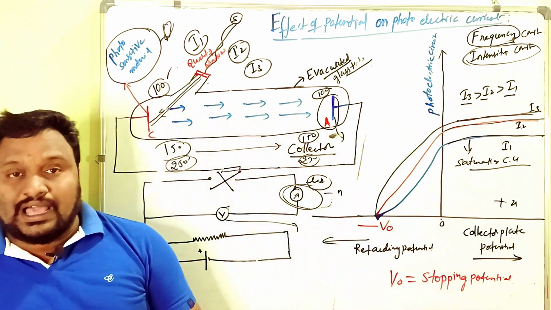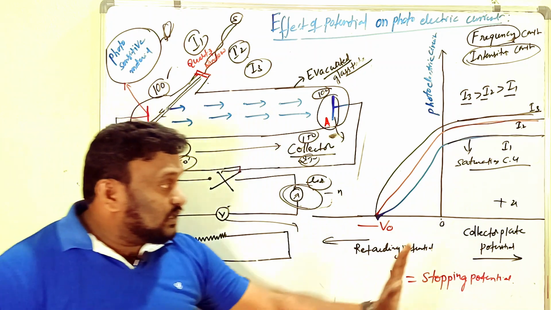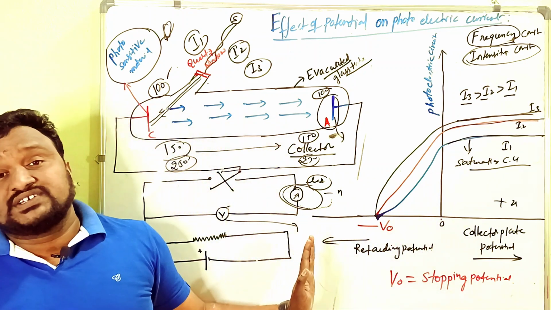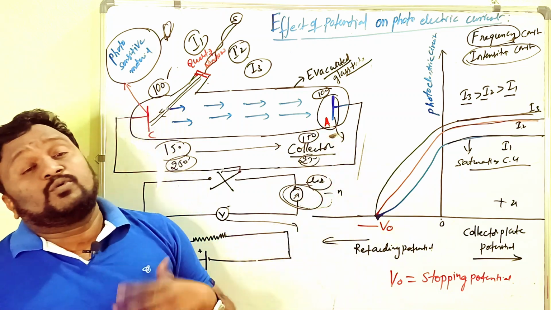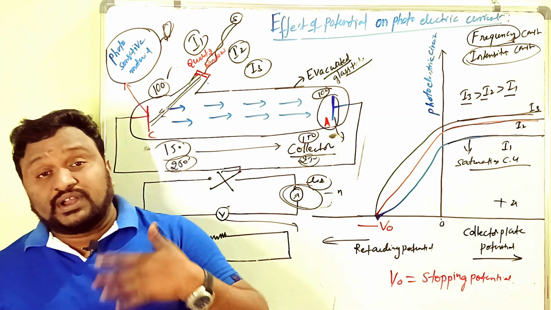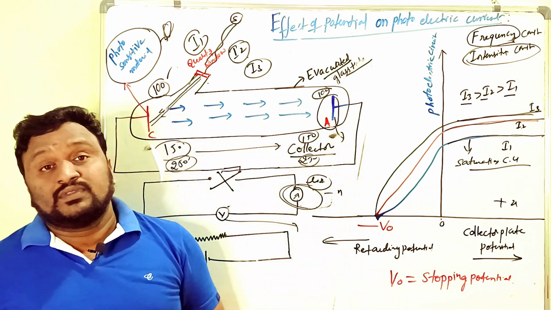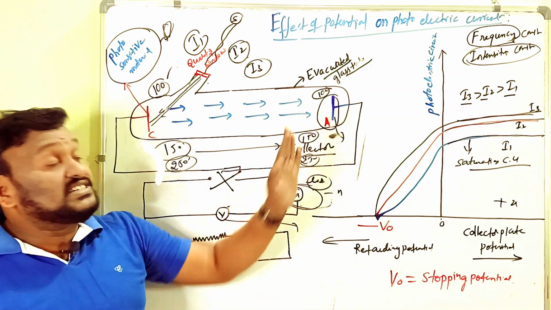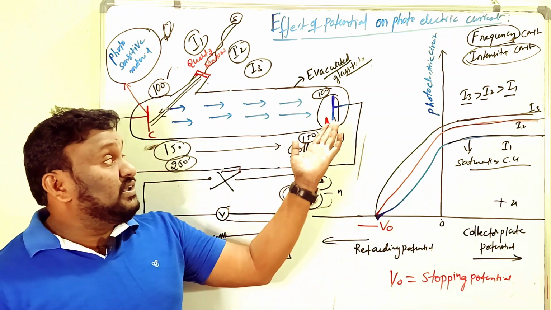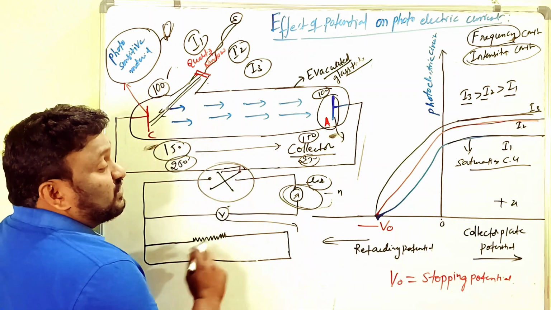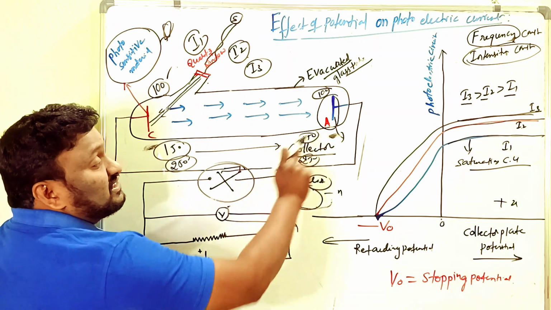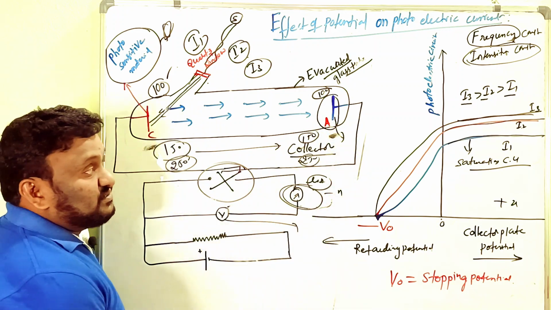After that, now we go for the potentials in reverse. Initially, for the first half, we gave a positive potential to A. Now a negative potential is given to A. There is a commutator here, and due to that commutator the polarity of A changes.